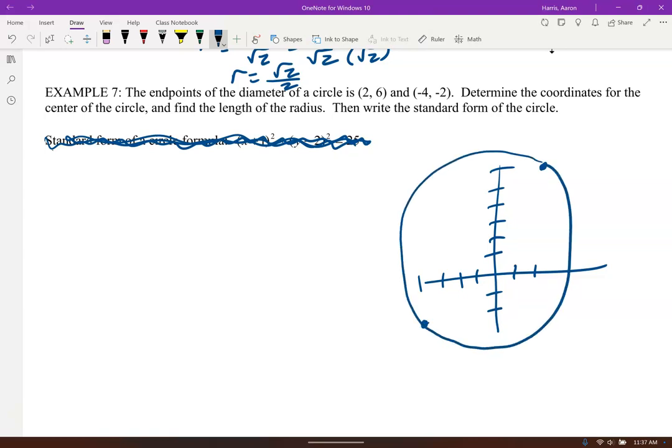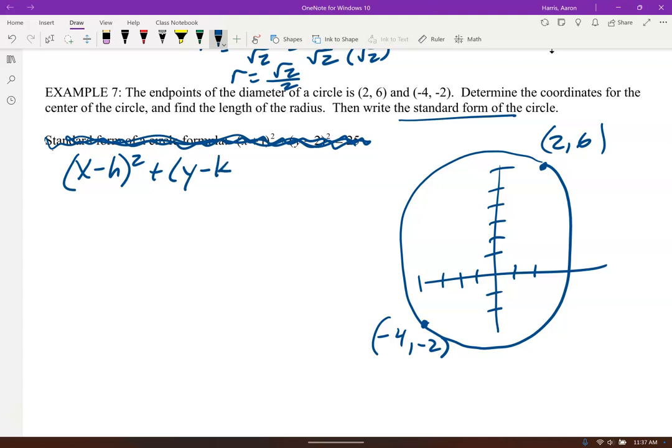I can't draw my circle very well. And what I need to do is write the standard form, right? So I want this form. I've got to know h, k, my center, and I need to know my radius, r, as well.